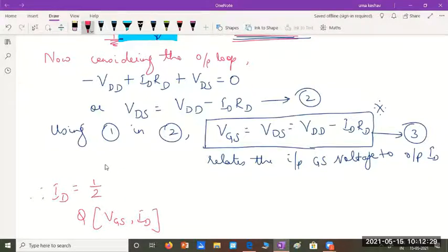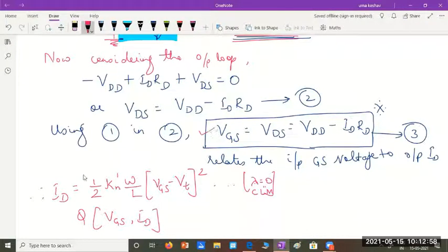I told you the equation in saturation region. How many times we have used? Please memorize. Half Kn dash W by L VGS minus VT the whole square. And remember, when we wrote this, the channel length modulation factor lambda is considered as 0. Channel length modulation is 0. So this is the standard equation to find ID.